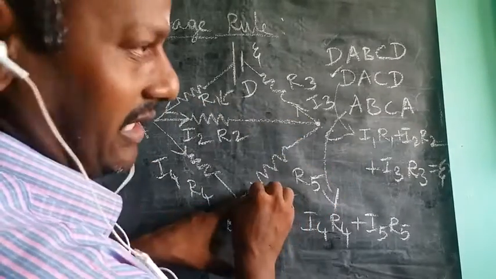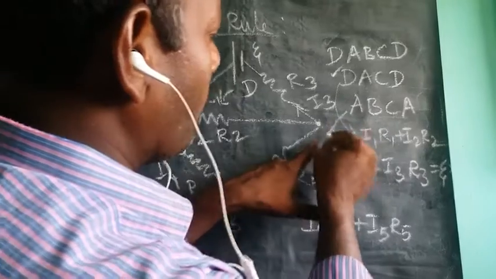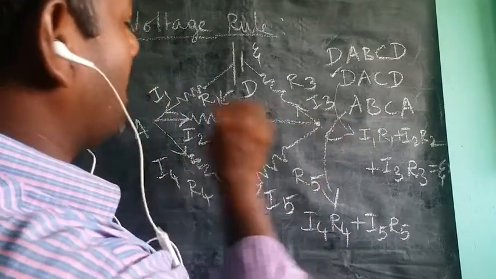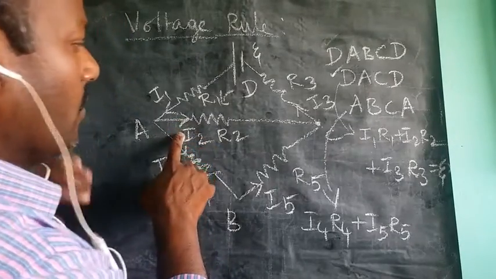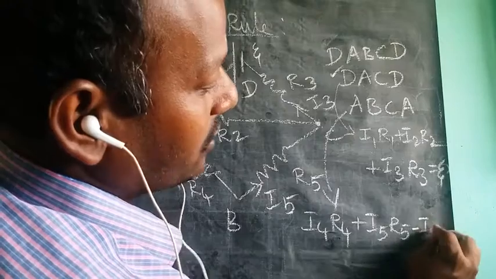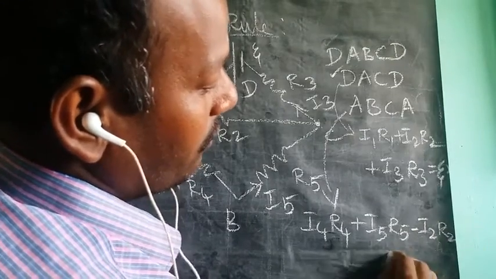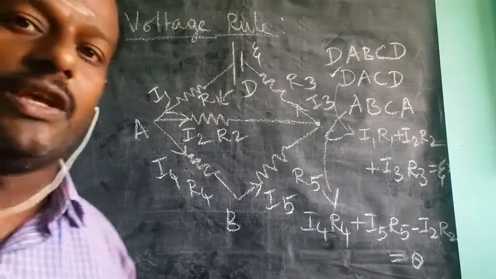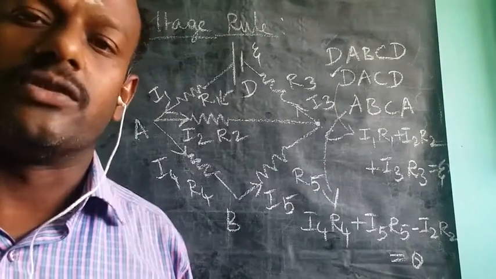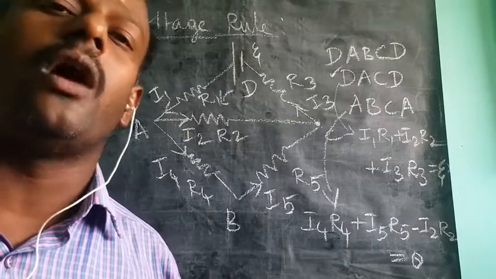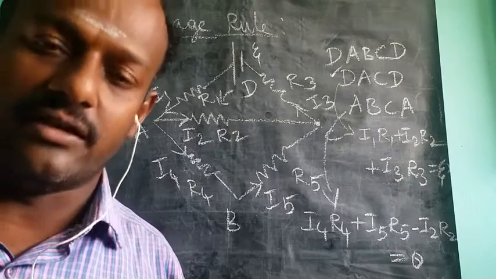B to C, the same direction. Now when I move from C to A, I am moving opposite to the direction of the current, so I have to write minus I2 R2, and the sum will be equal to 0. So this is Kirchhoff's second rule, which is based on the conservation of energy.